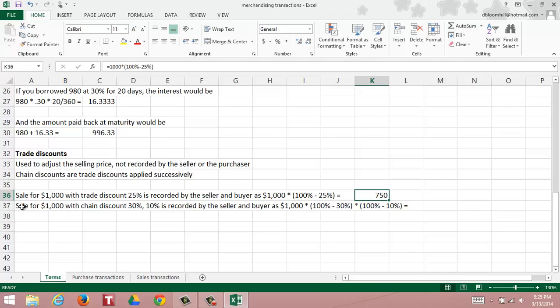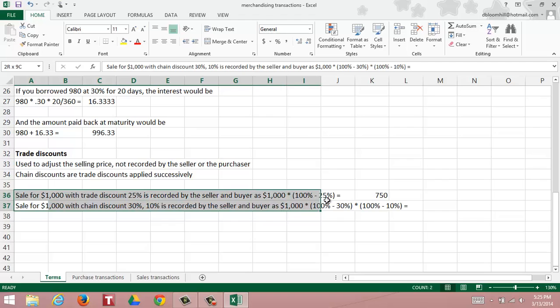Now suppose there's a chain discount. So suppose somebody's offering for sale a $1,000 list price with a chain discount of 30% and 10%. Unfortunately, both of those discounts are not applied on the original price. They're applied successively. So you take the $1,000 multiplied by 100% minus 30%, evaluate that, and then apply the 10% discount on the discounted price.